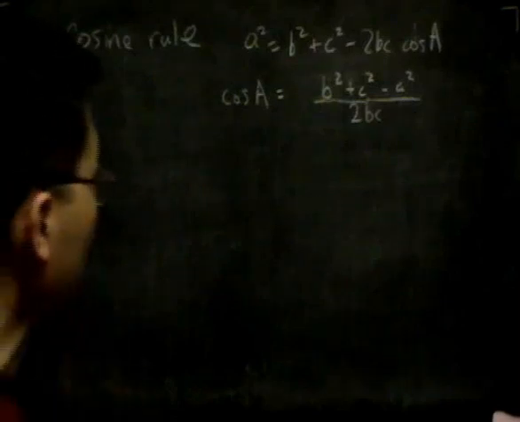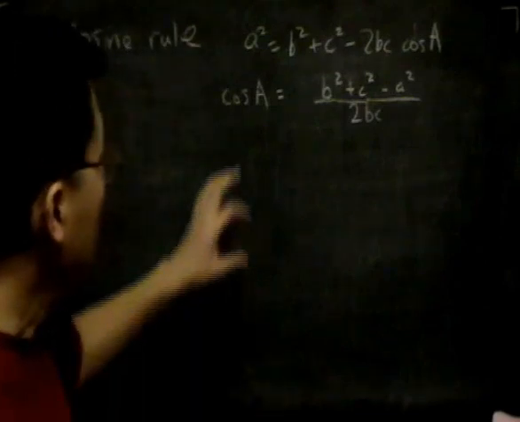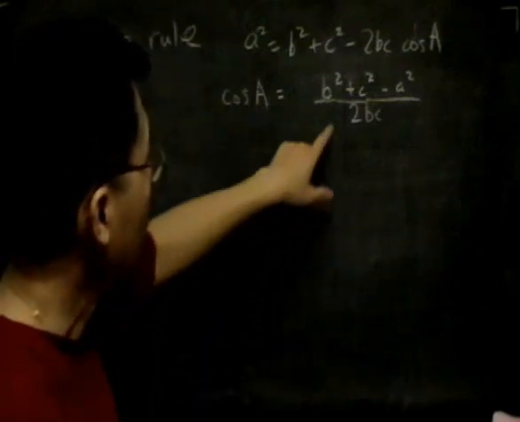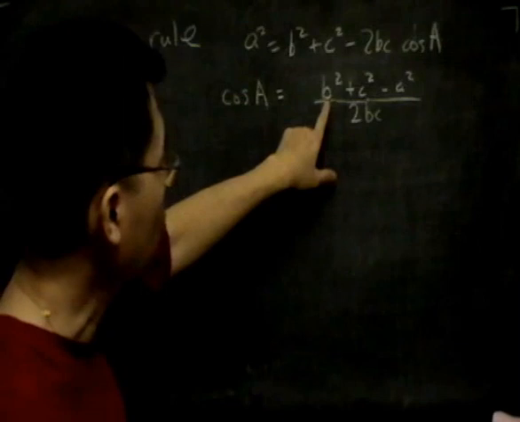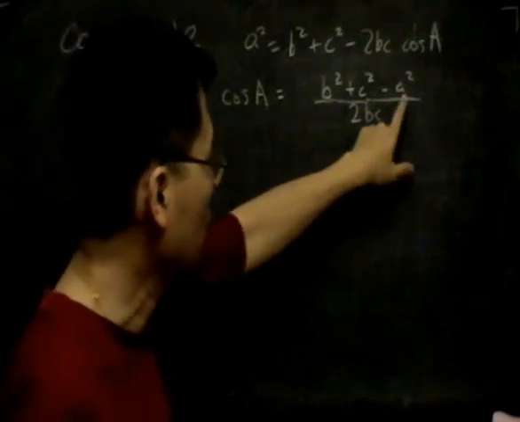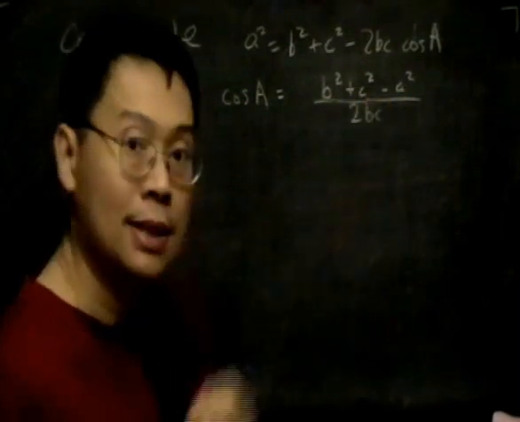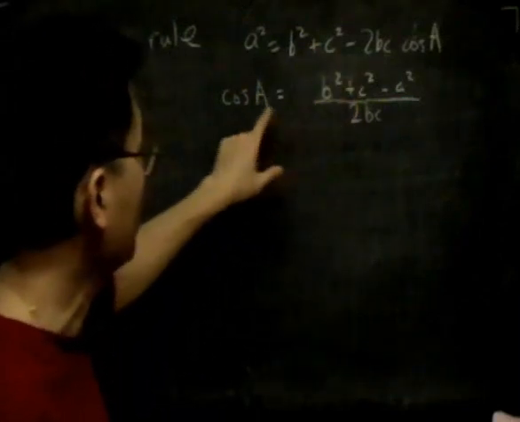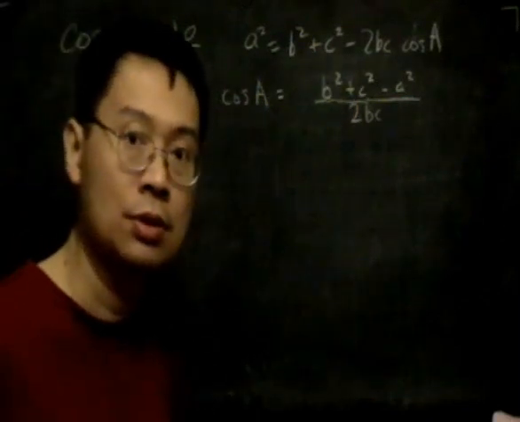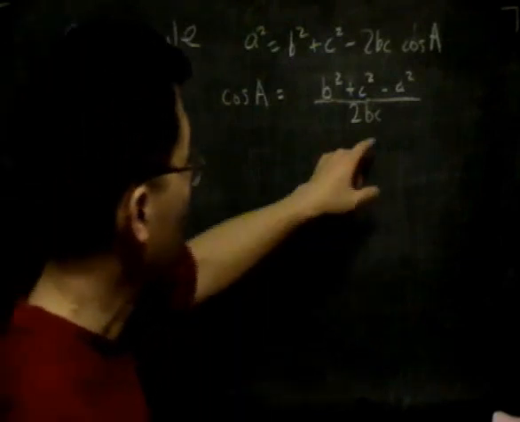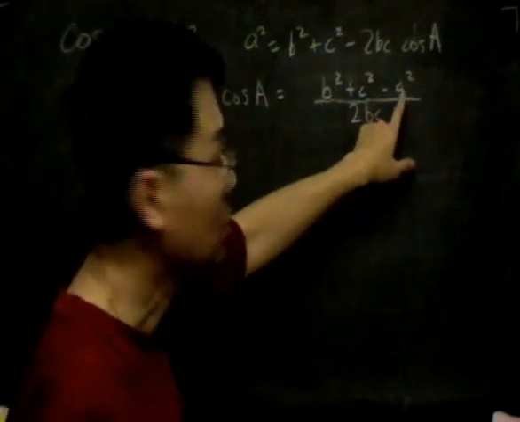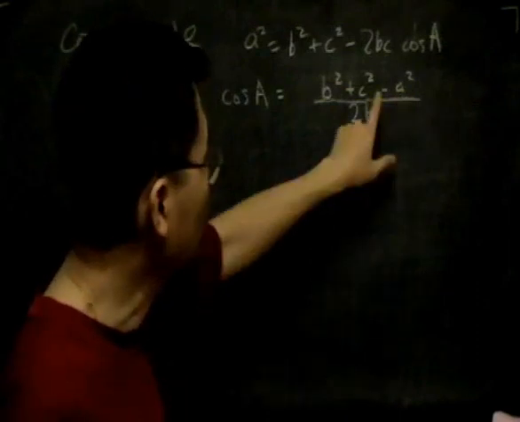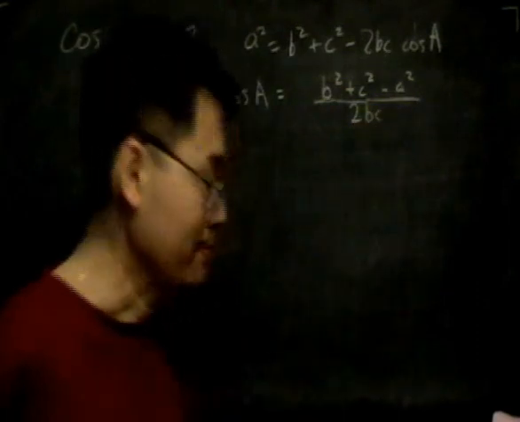Alright, so what this means is that in this formula, if you know all the sides of the triangle, A, B and C, you can use this formula to find one of the angles. Which one? Well, the one opposite the letter A there, where you do the subtracting.